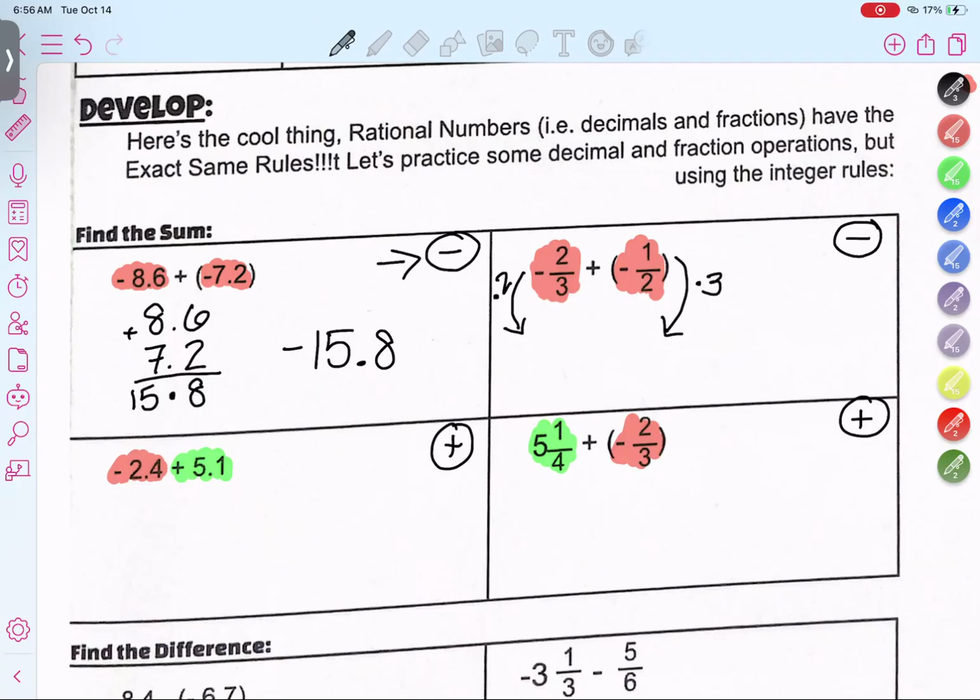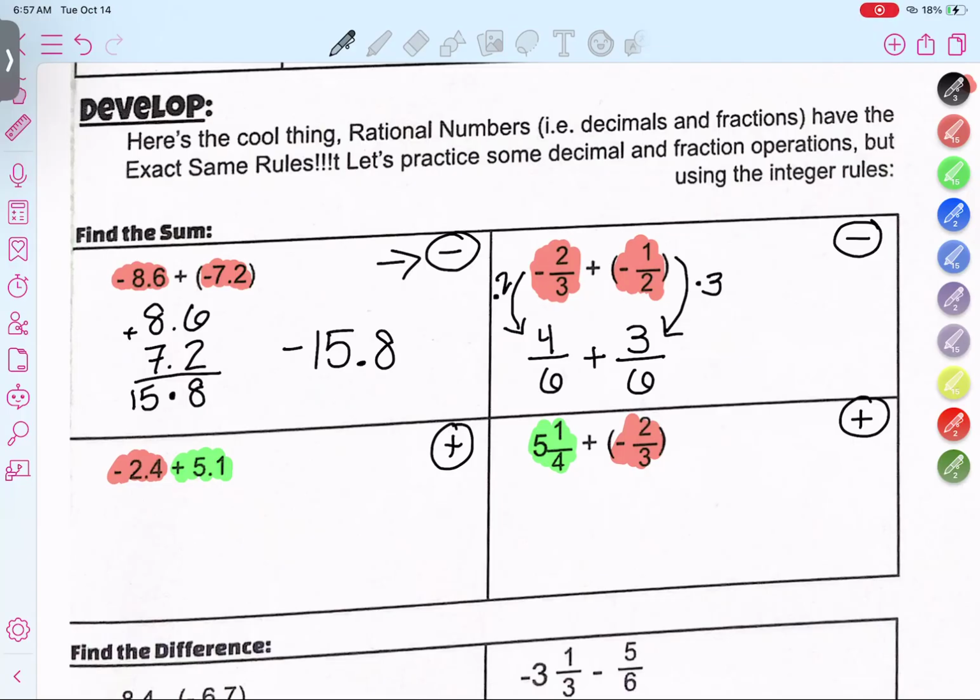So we're going to times this by 3. When we're multiplying our fractions, remember we need to multiply the top and the bottom. So for the left fraction, we have a 2 times 2, which is 4. And we have a 3 times 2, which is 6. Plus, over here we have a 1 times 3, which is 3, over a 2 times 3, which is 6.